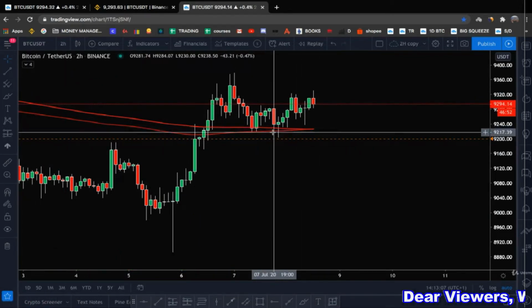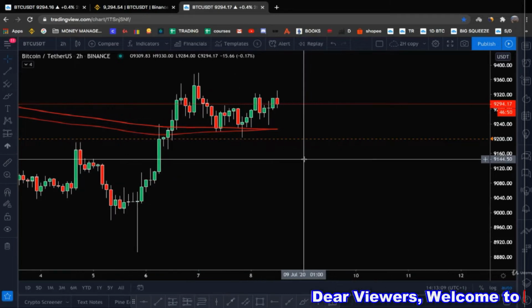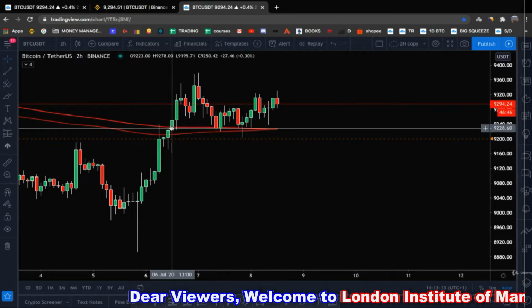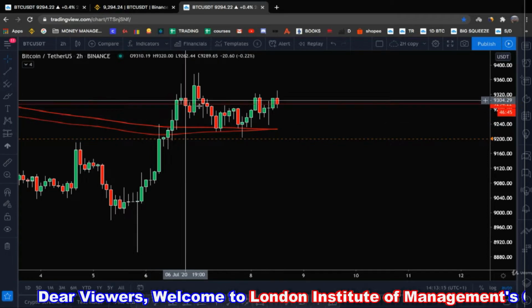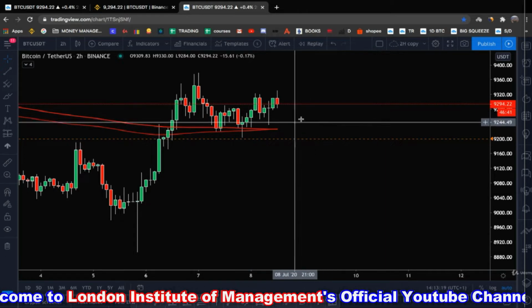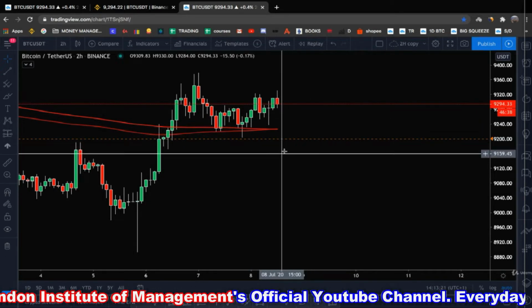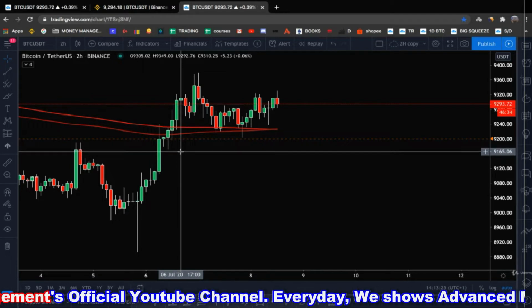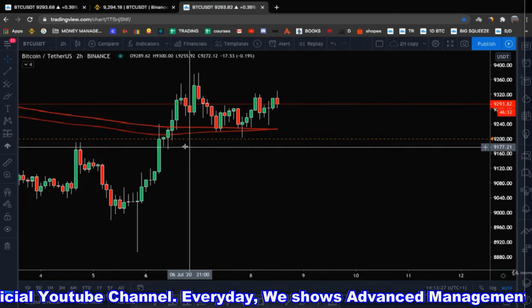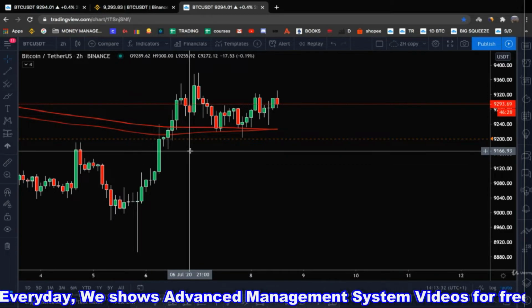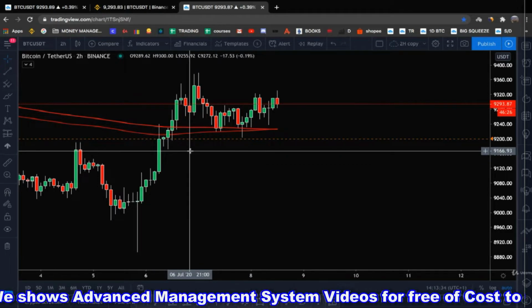Alright, so these are the 200 exponential and simple moving averages. Let's say that for some reason you entered because the price closed above, or you waited for a test and you entered here, but you want to exit if the price came below this level here. So this is going to be your stop loss. Let's imagine that right now we are in a trade, and you want to set your stop loss below this level.